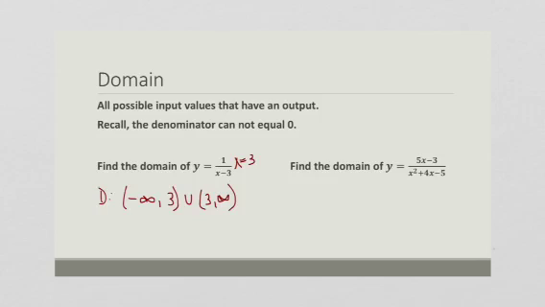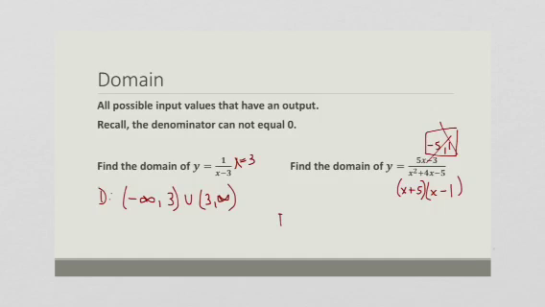In the second example, we need to factor the denominator in order to figure out which values are going to cause us problems. So we end up with x plus 5 times x minus 1. Here, I need to leave out negative 5 and positive 1. So these values cannot be in my domain. Can't have them.